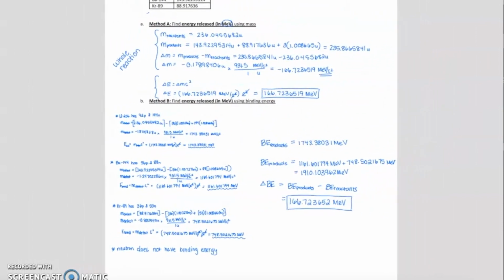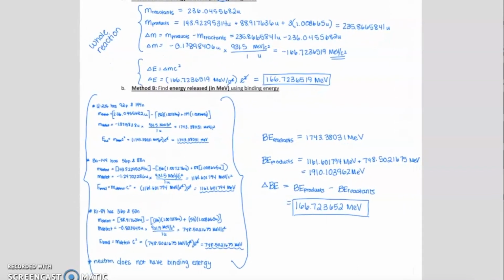Let's take a look. I want to point out that yes, method A looked at the whole reaction. Method B, though, looked at the individual atoms first, and then looked at the whole reaction. So I know that both of these methods are using E equals mc squared. It's really important to get those parsed out in your mind.